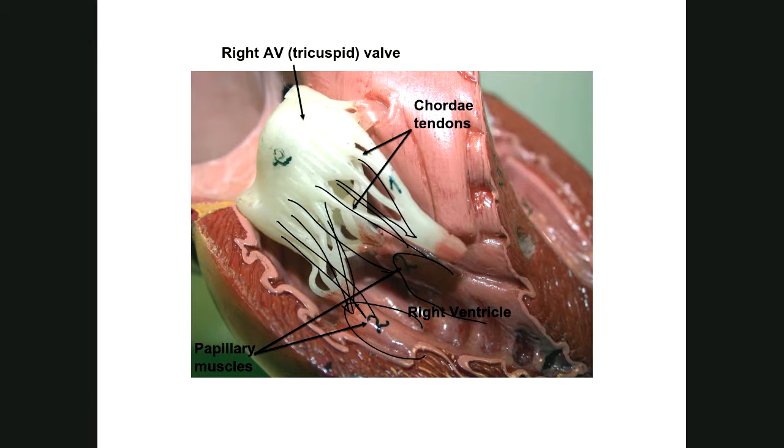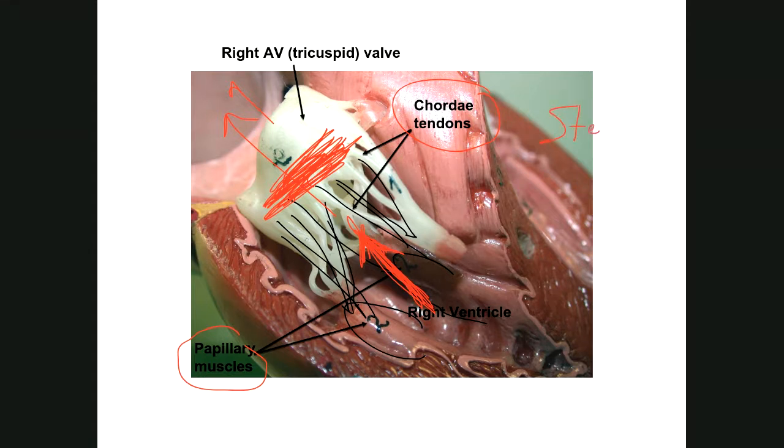We're going to push it like this. And if the valve were weak, the valve would open and blood would just go on through. But the valve is closed to keep the blood from going backwards. And so what these are going to do is they're going to support the valve. They're going to steady the valve to keep it from regurgitating.